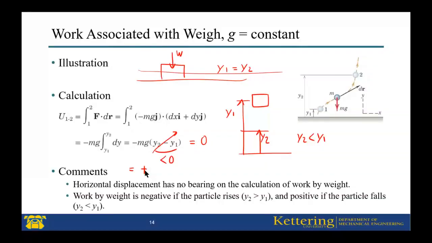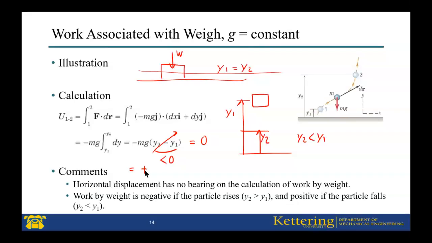You must not forget this negative sign when you write the work that is done by the weight, especially for the vertical directions. Now, as I mentioned, the horizontal displacements don't matter in the calculation of the work.